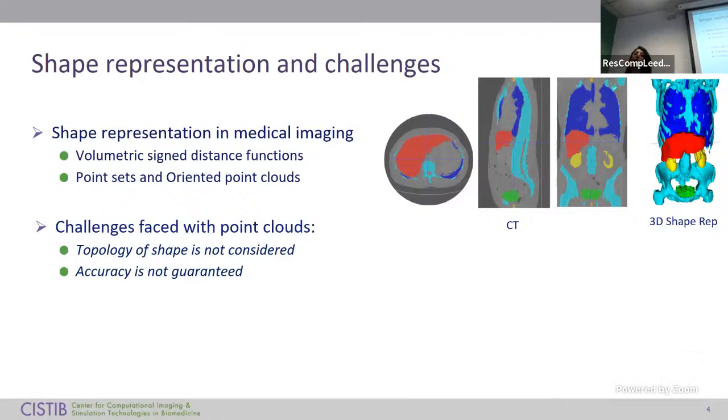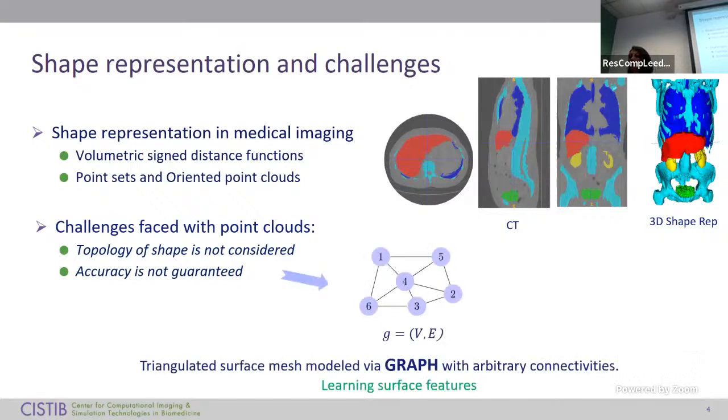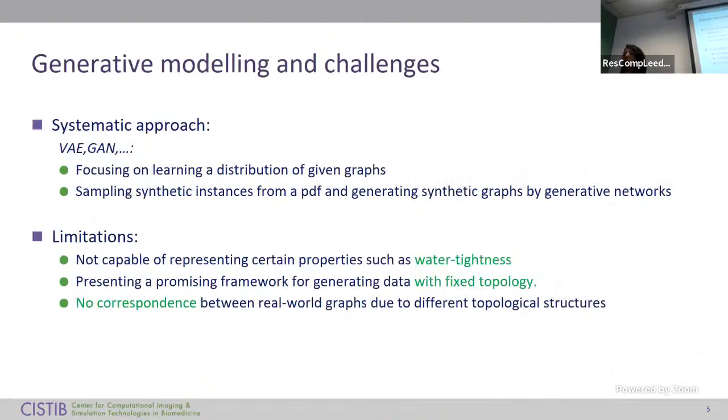So we are motivated to represent our data structure as graphs. A graph is a non-Euclidean data structure modeled by vertices and edges. By presenting a shape as a graph, not only can we learn spatial features from the nodes, but also we can learn surface features like smoothness and curvatures via the edge information.